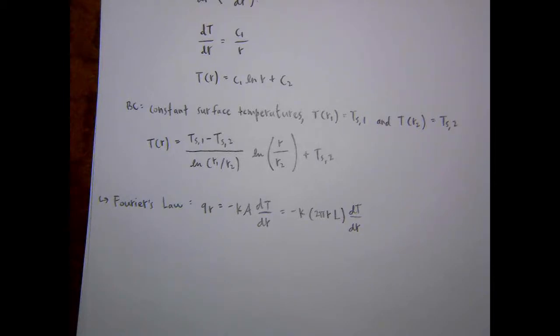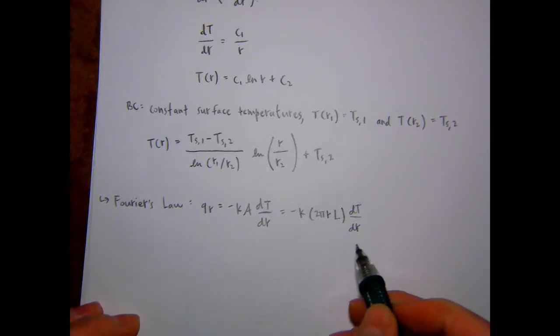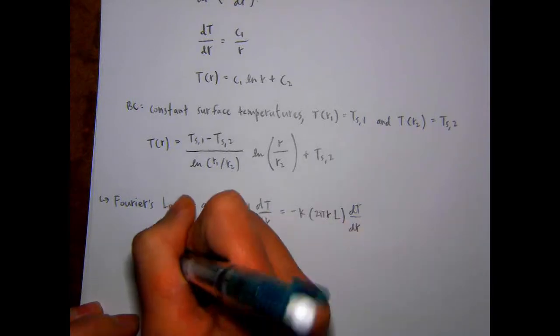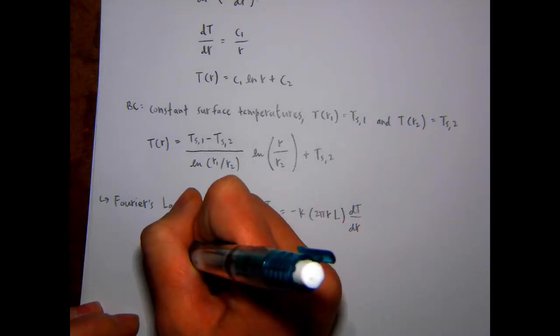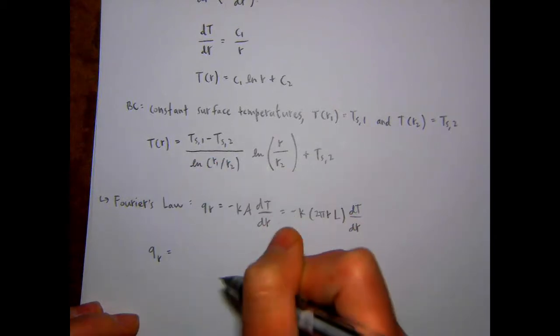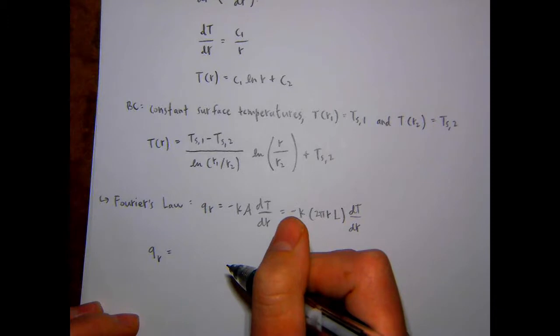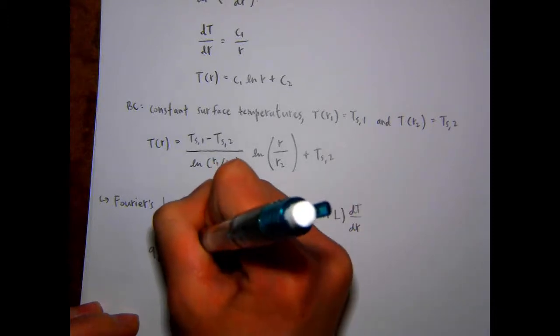Okay. So now we need to figure out dT/dr. So we're going to take the derivative of the temperature distribution, then plug it into Fourier's law and simplify everything out.